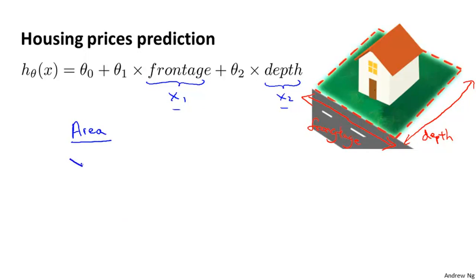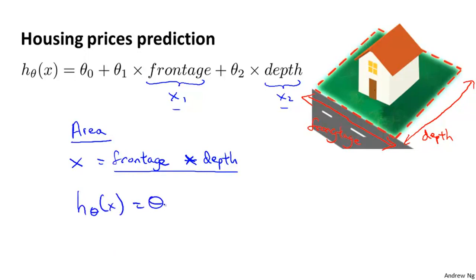So I might create a new feature, and just call this feature x, which is frontage times depth. This is a multiplication symbol, right? So frontage times depth, because this is the land area that I own, and I might then select my hypothesis as that, using just one feature, which is my land area, right? Because the area of a rectangle is the product of the length of its sides.